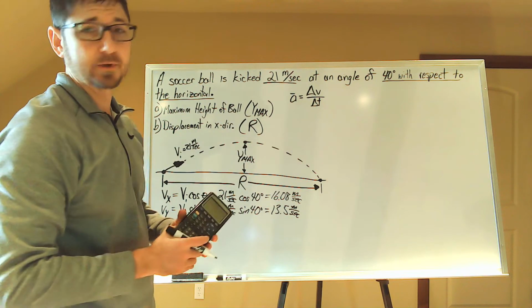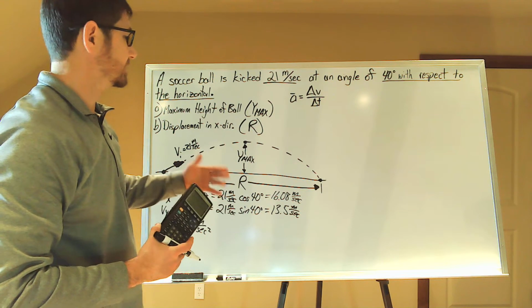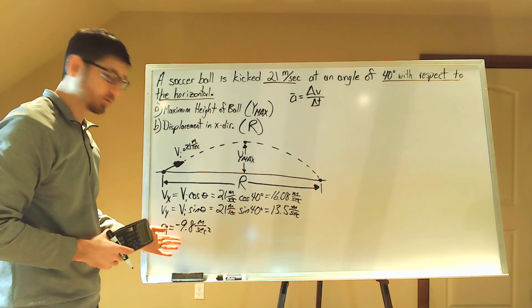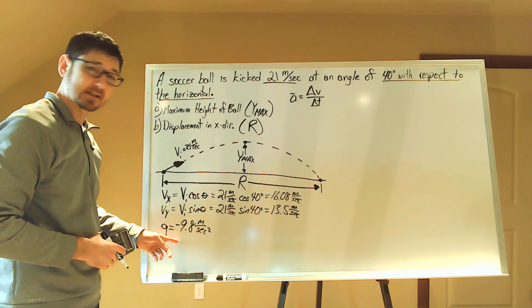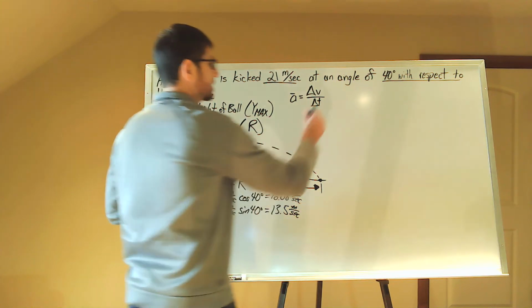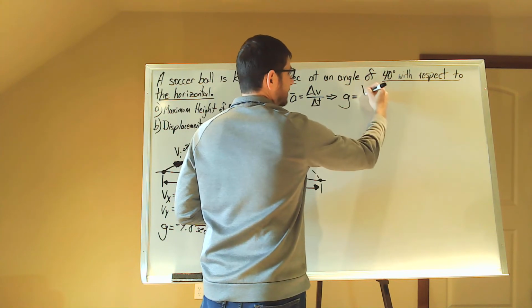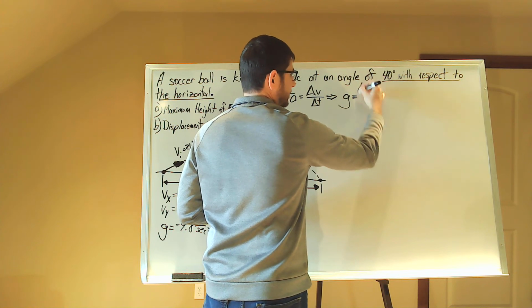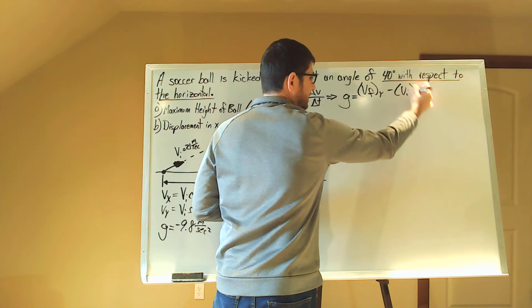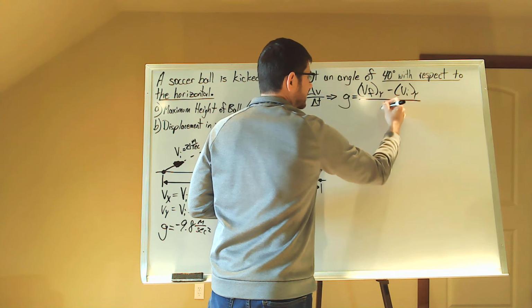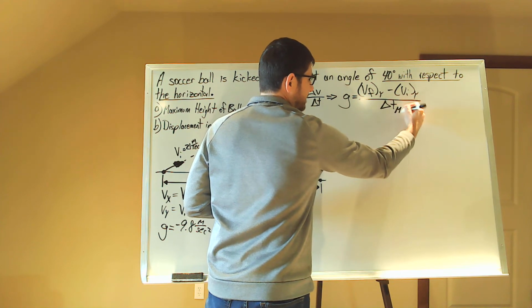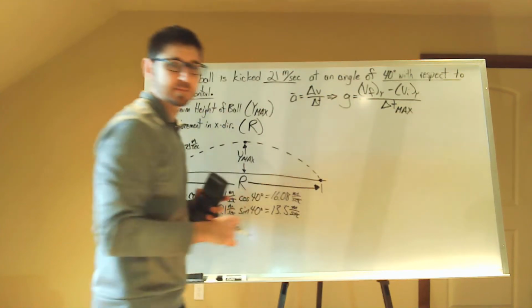And so what we're going to have here is the acceleration in the y direction. We've already identified that it's the acceleration due to gravity. So this is g is equal to the final velocity in the y direction minus the initial velocity in the y direction divided by the time to maximum height.